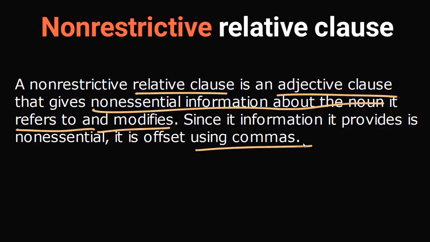Again, I'm repeating this. A non-restrictive relative clause comes after a noun and gives non-essential information about it. Why? Because the noun is already identified. And since it gives non-essential information about the noun it comes after, about the noun it modifies, it is offset, it is separated using commas.